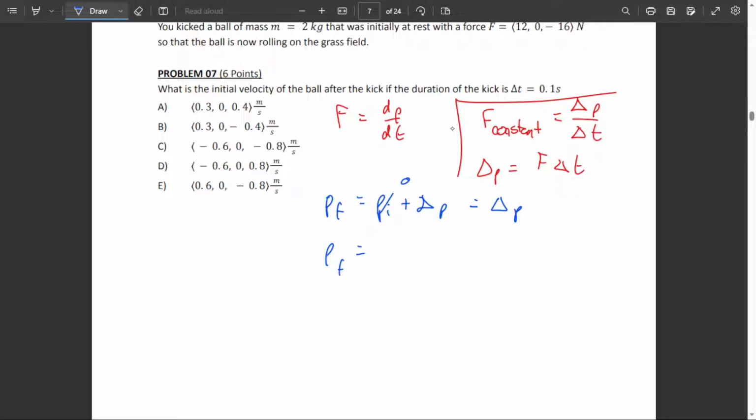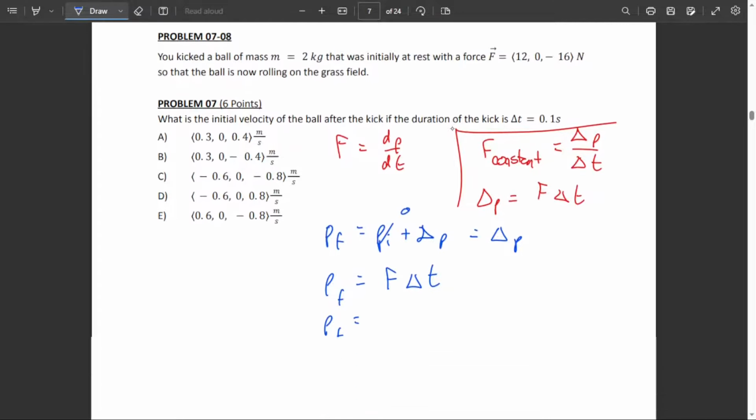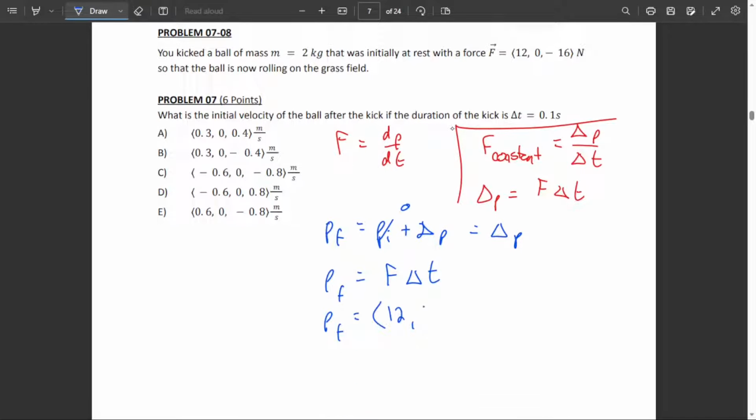So the final momentum is equal to the force times the change in time, or the momentum is 12.0 minus 16 newtons times 0.1 seconds.